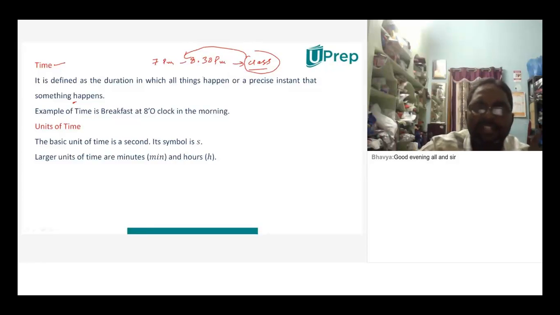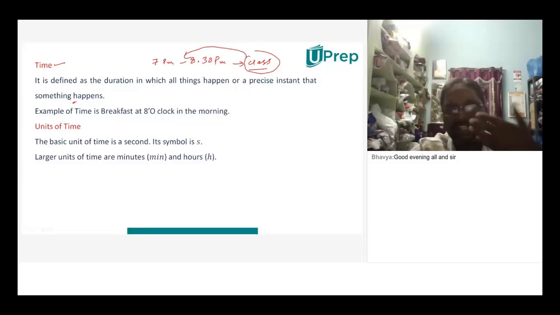Event may be anything. Event may be taking class, moving from one point to another point, watching TV, or colliding with a wall. So the duration for which that event is occurring will be called time. Here it is defined as the duration in which all things happen, or a precise instant at which something happens.